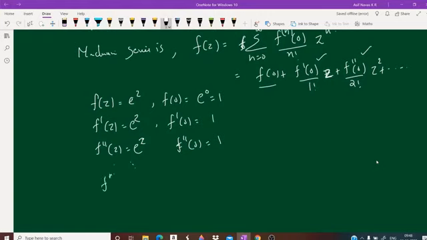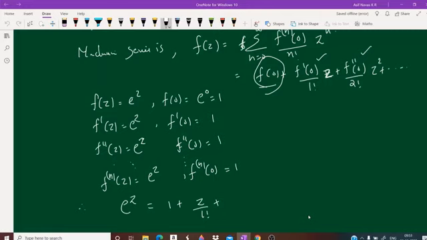In general, the nth derivative of f of z is again e raised to z, so the nth derivative at 0 is again 1. Therefore, the Maclaurin series of e raised to z is 1 plus z by 1 factorial plus z square by 2 factorial plus etc. plus z power n by n factorial plus etc.